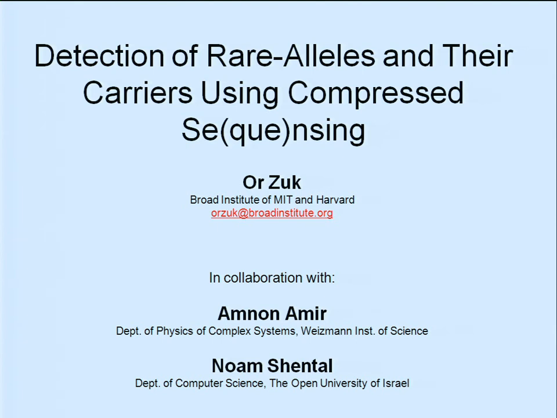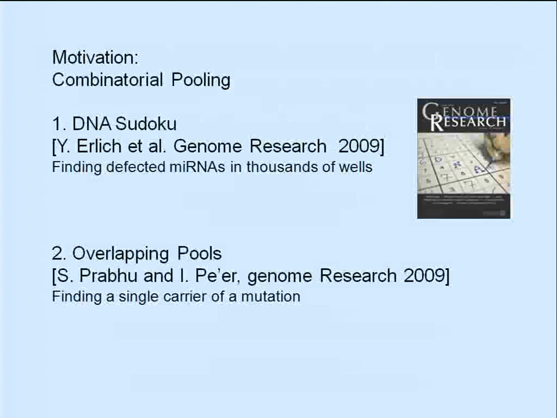So this is about how to identify rare alleles, using what we call compressed sequencing. Two works motivated ours. One by Yaniv Erlich and colleagues, whose application was finding defective microRNAs in a large set of many wells.